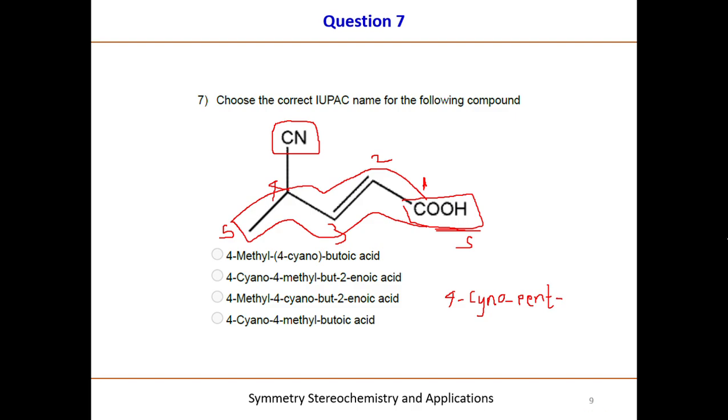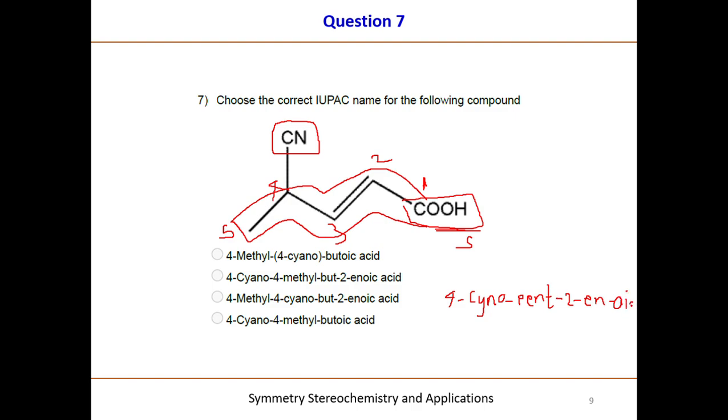Here we can see we have a double bond at carbon number 2, so we will write 2-ene. Ene means double bond. Then at carbon number 1 we have the suffix, our highest priority functional group. We don't have to write 1 because it's 1, so we can directly write oic acid.